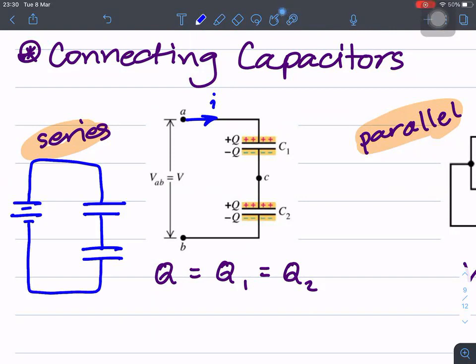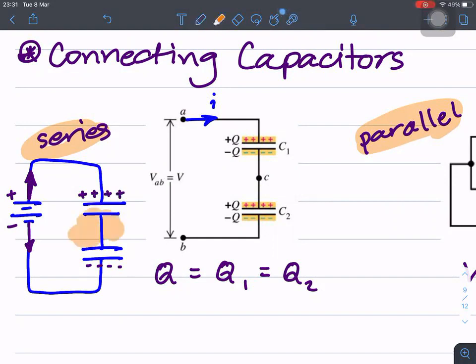Firstly, current flows from the positive electrode of your battery, and electrons flow from the negative electrode. The first thing that happens is that negative charge crowds on one side of the capacitors, and positive charge crowds on the other side.